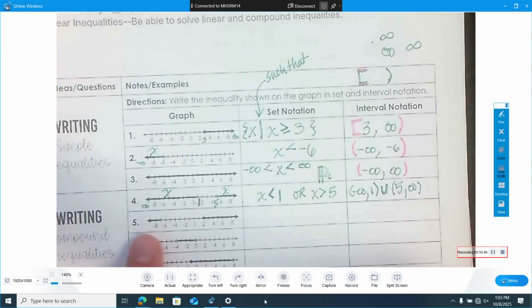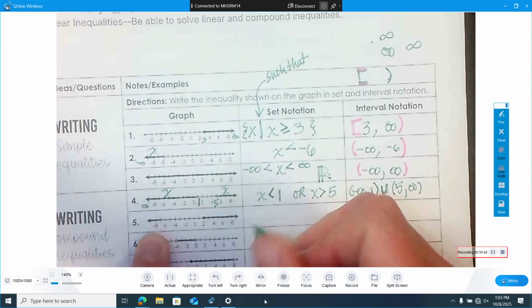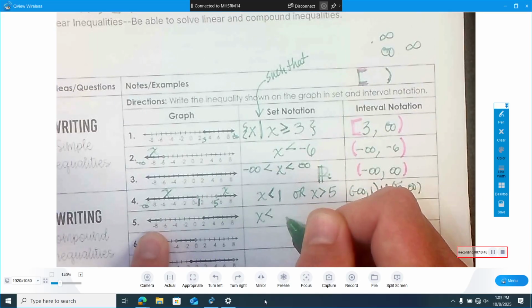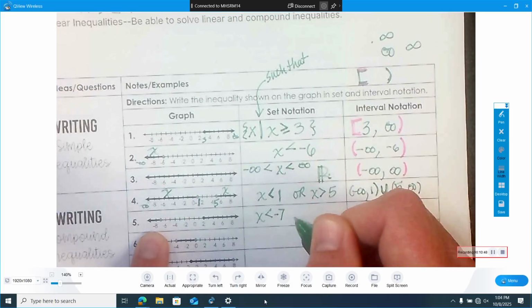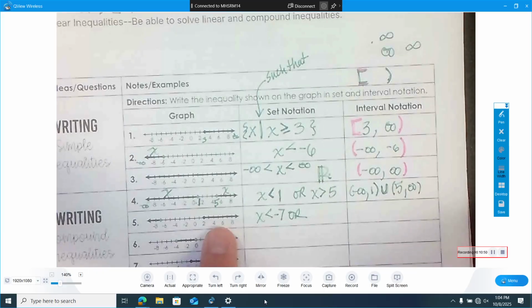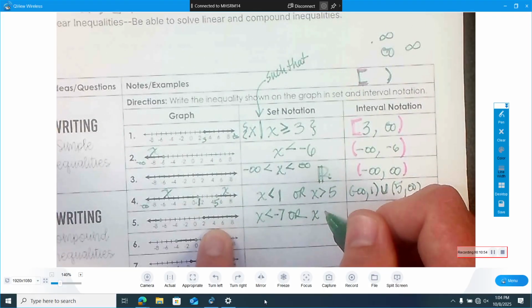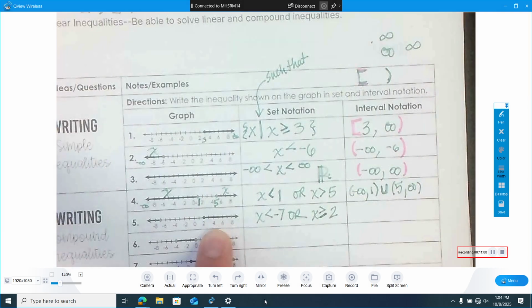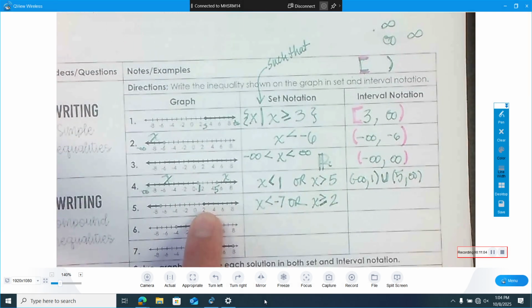Let's see. So number 5, we have x's that are less than -7, or we have x's that are greater than or equal to 2. Why do we use the equal to? Because it's a solid dot. Yeah, solid dot means we're allowed to use 2 as a solution. It is included.